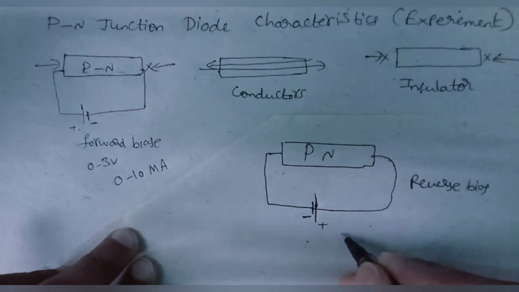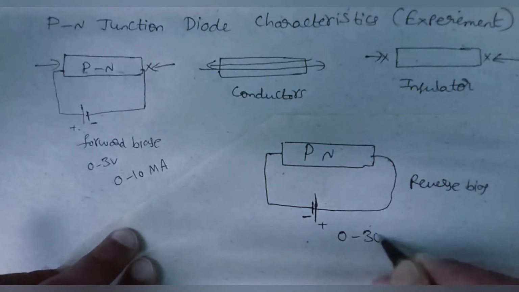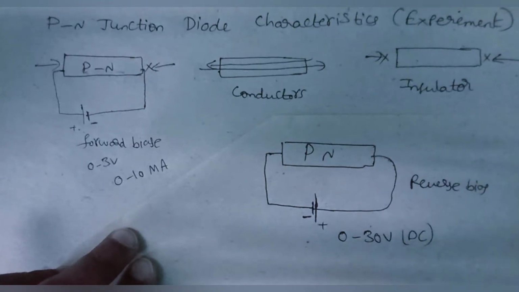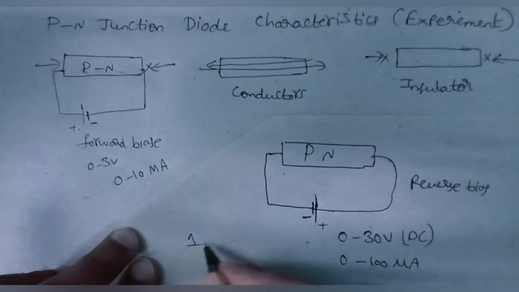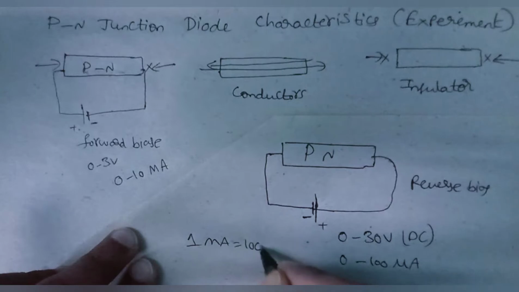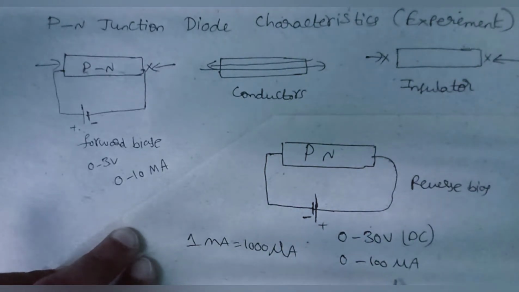Even if we supply 0 to 30 volts DC power supply, we can observe the current very less, negligible current, 0 to 100 microamperes. Here 1 milliampere is equal to 1000 microamperes. This is very negligible current.